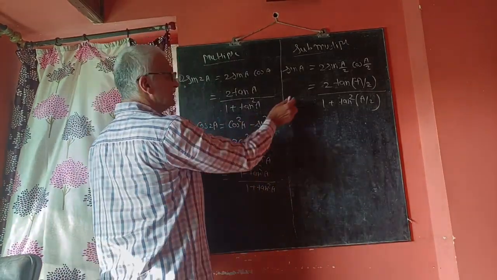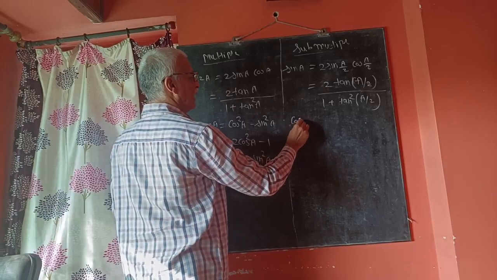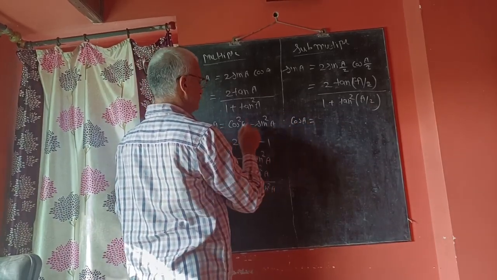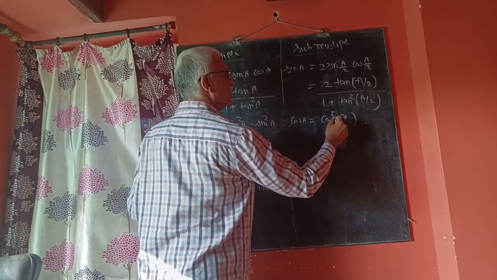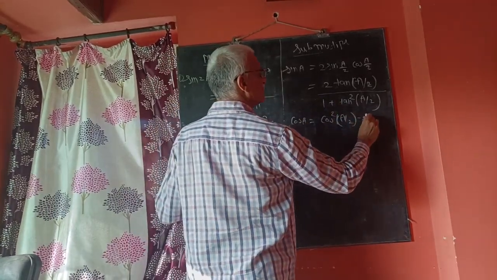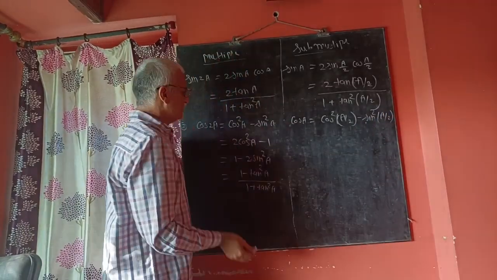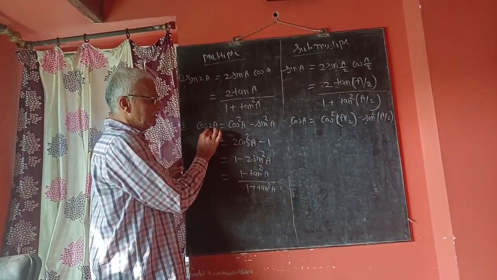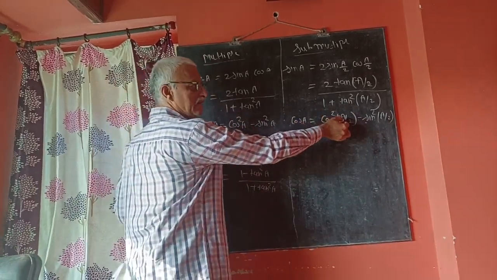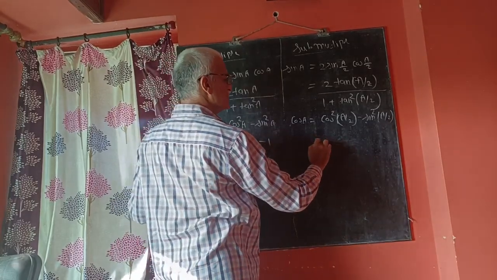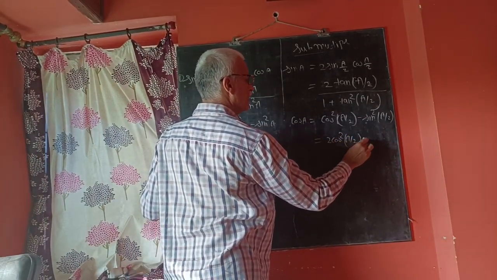The corresponding formulas under the subheading of submultiple is cos A equals, first, cos square A by 2 minus sin square A by 2. What is the difference? Since here it is 2A, half of that is A. Here it is A, half of that is A by 2. Second is 2 cos square A by 2 minus 1.